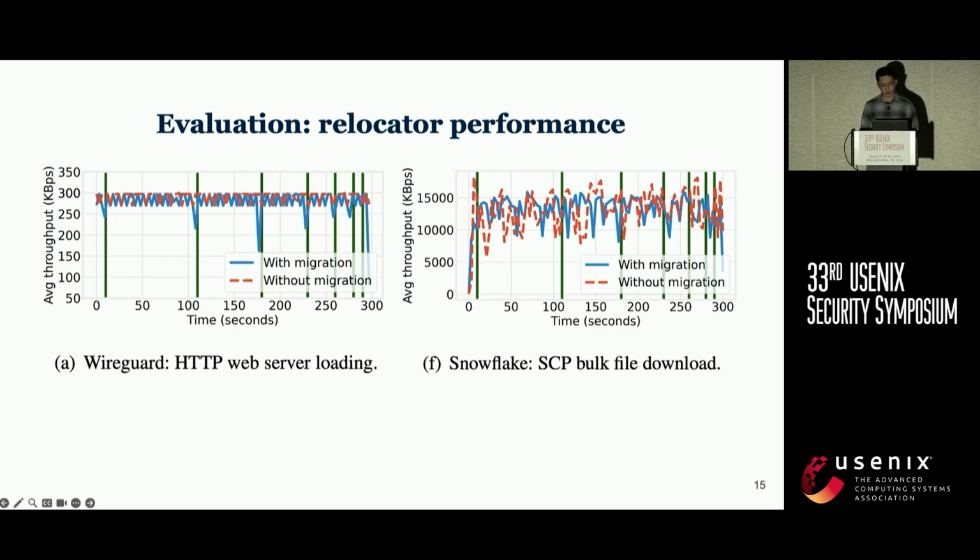One more thing that we evaluated among other things is relocator overhead. So we did this by evaluating it on a couple of different applications with different characteristics, and here is a sampling of them.